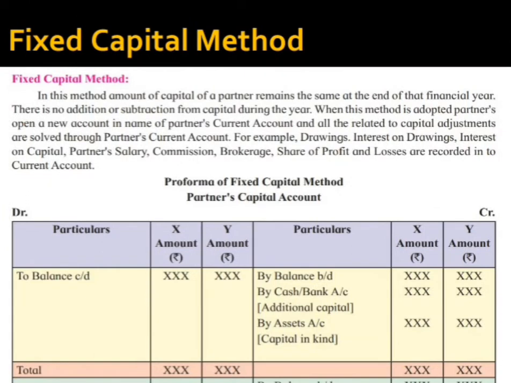As the name itself indicates, in the fixed capital method, the capital remains fixed. The amount of capital of a partner remains the same at the end of the financial year. There is no addition or subtraction from capital during the year.